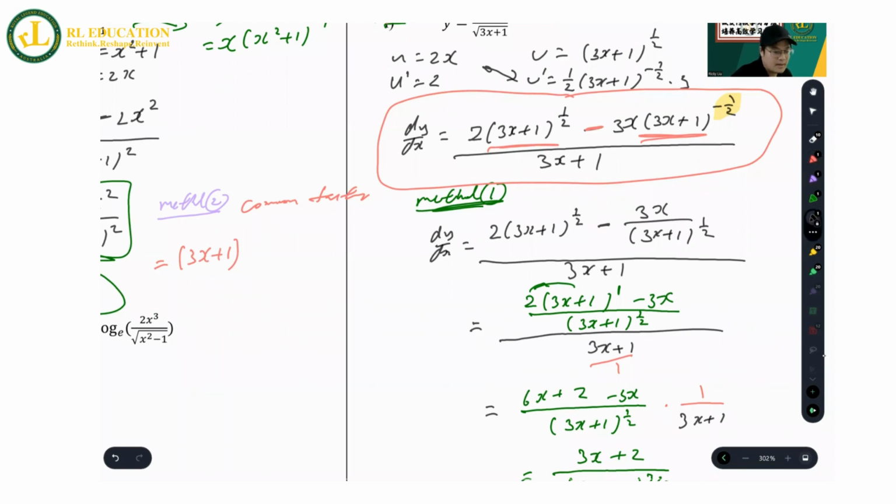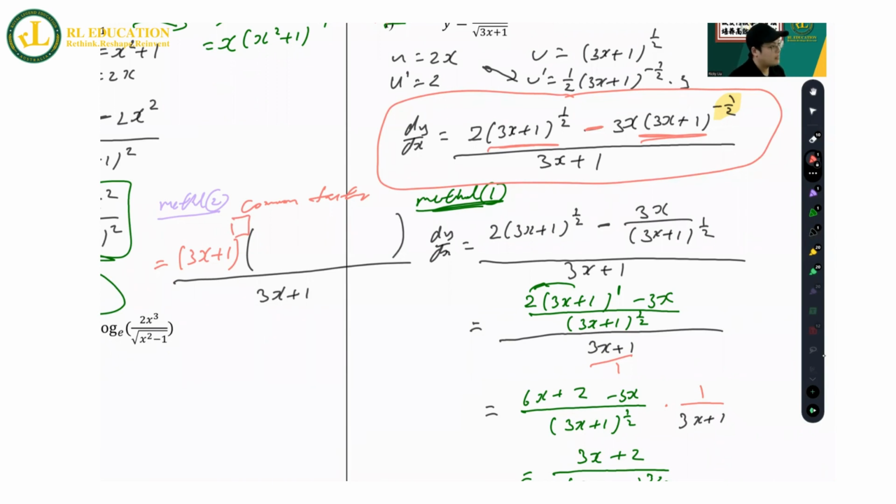Can you tell me? You got 3x plus 1 to the power of positive half and negative half. Yep, exactly. Always take out the smallest one. For example, with x squared and x to the power 5, I take out the smaller one as the common factor. So which means negative half. This is the best way.